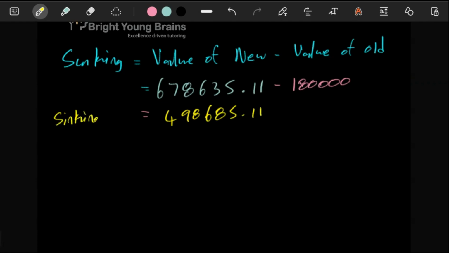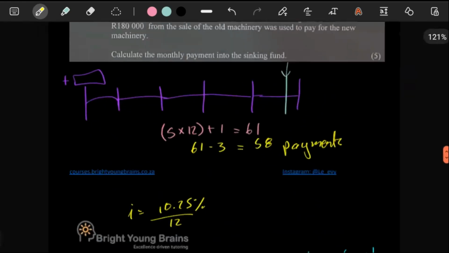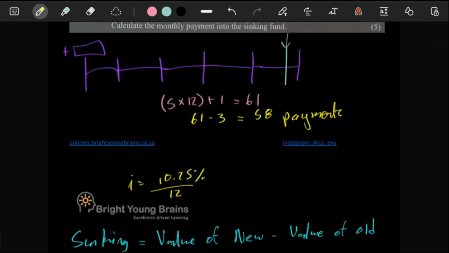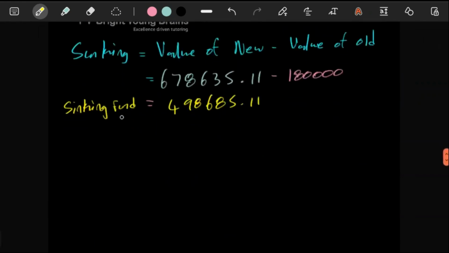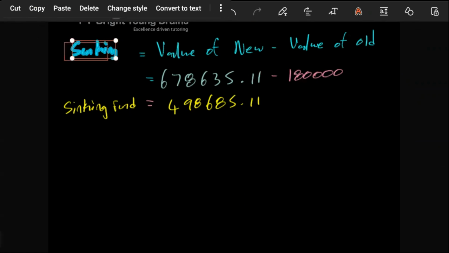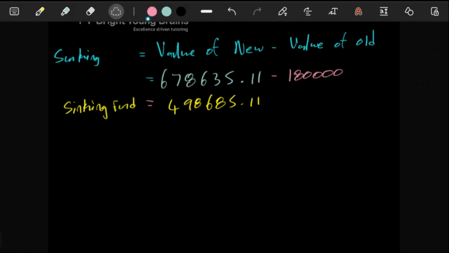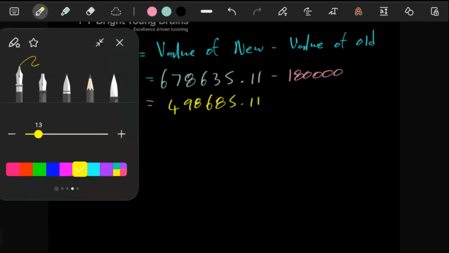So since now we know our sinking fund, we need to work out what our monthly payments should be for us to eventually end up with this amount. I wrote here sinking, I meant to write sinking fund.